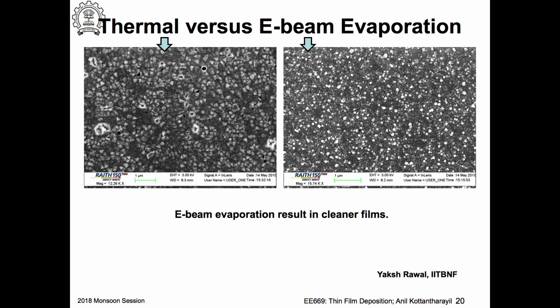Now you can see, sorry about this, here you can see two films. This is deposited by the thermal evaporation method, and this is electron beam evaporation. Both are aluminum. So any difference, can you see this here?